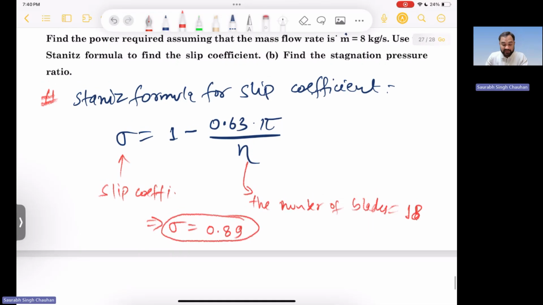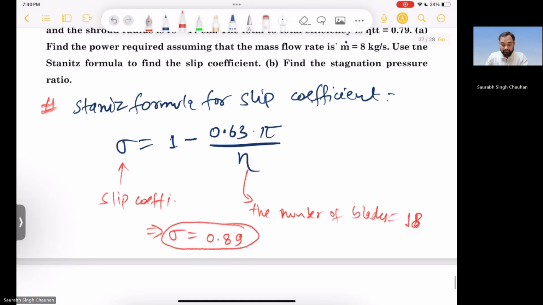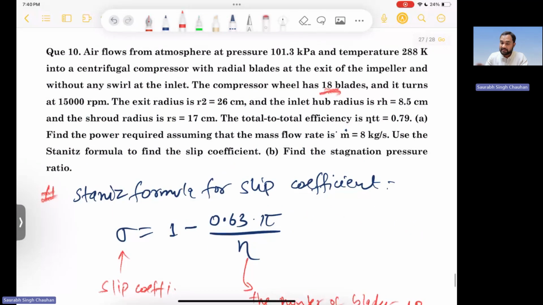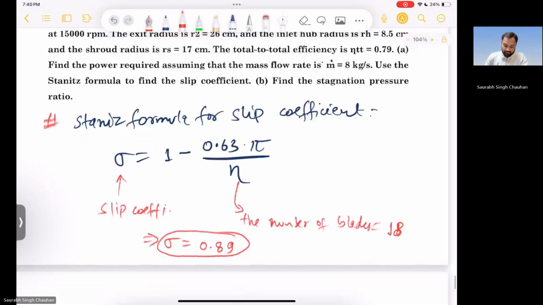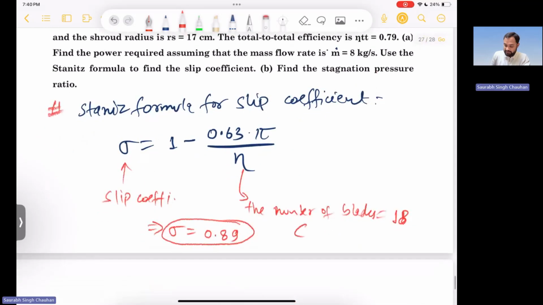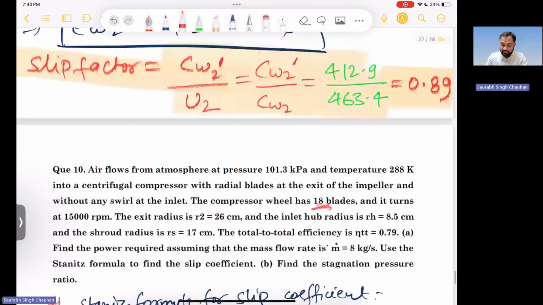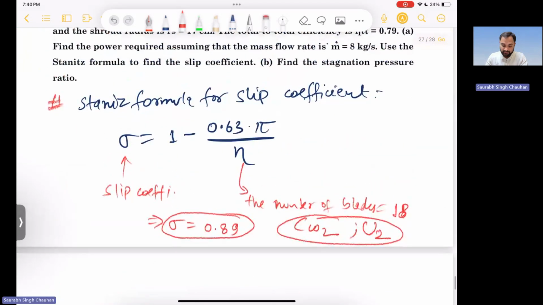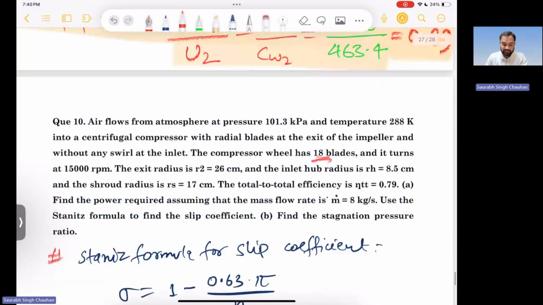You have the slip factor, and it is given that the blades are radial at exit. So the relation between Cw2 and U2 will be given by this slip ratio, as we discussed in the previous question.